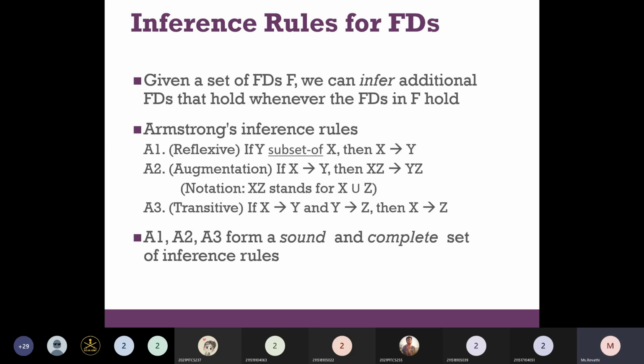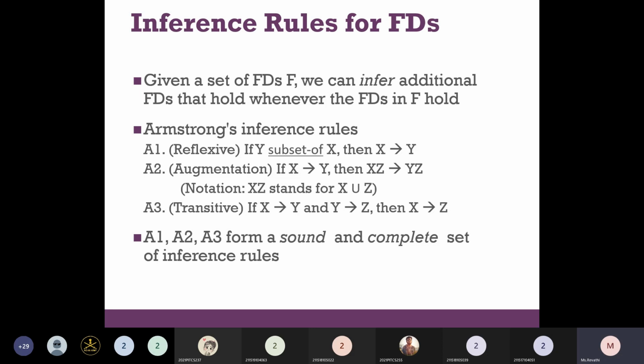So if there exists an attribute which is a subset of another composite attribute, then we can say that the composite attribute helps to determine this particular attribute.